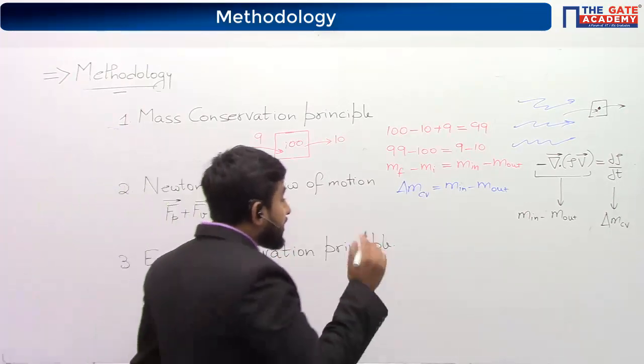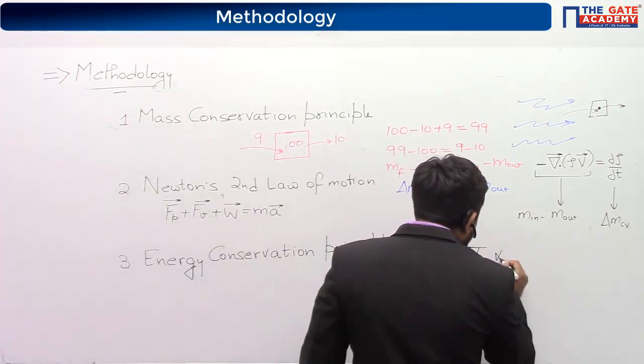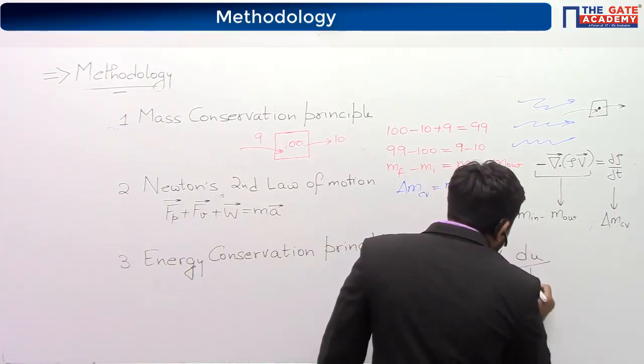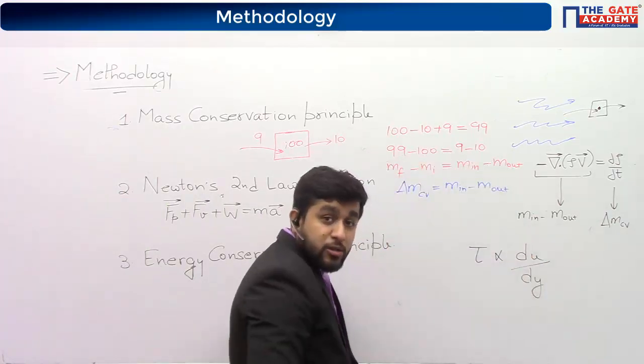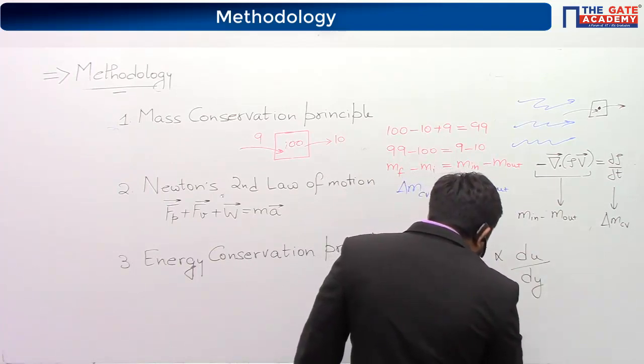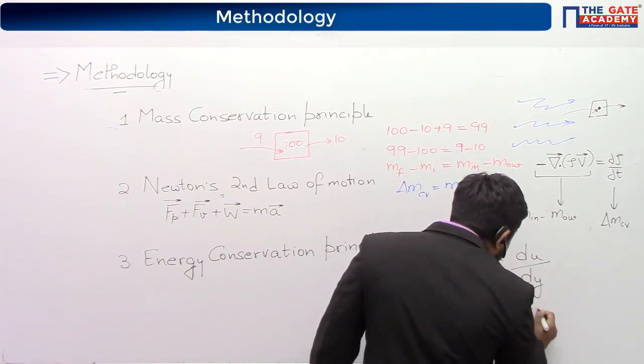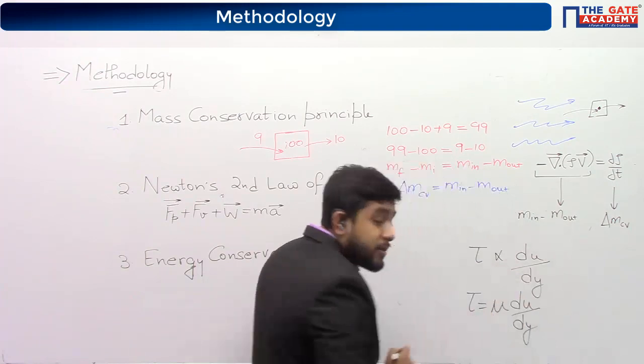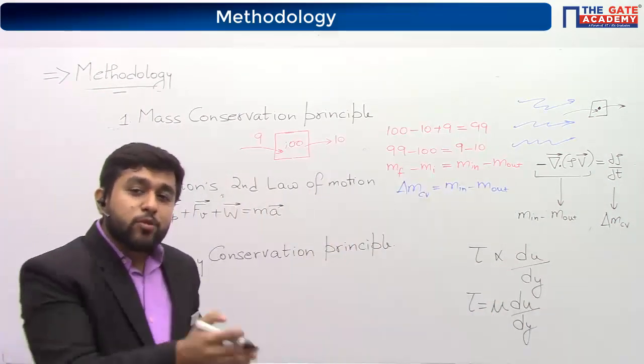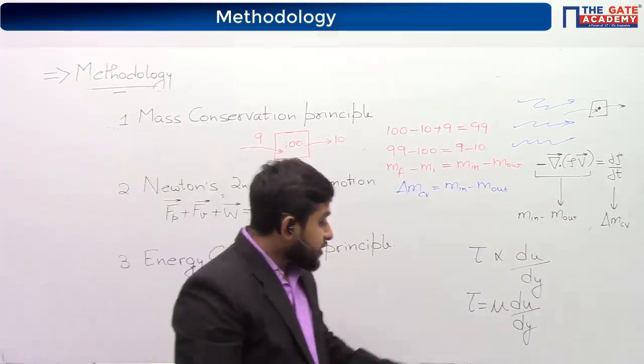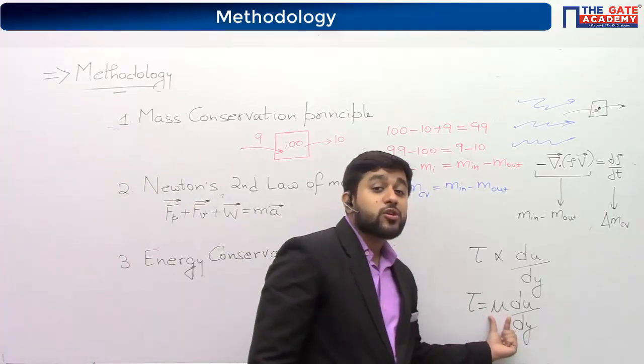I think I wrote down earlier that tau is directly proportional to du by dy. When you remove the proportionality sign, you get a term, dynamic viscosity. So an ideal fluid is a hypothetical case which considers that the dynamic viscosity of the fluid is 0.